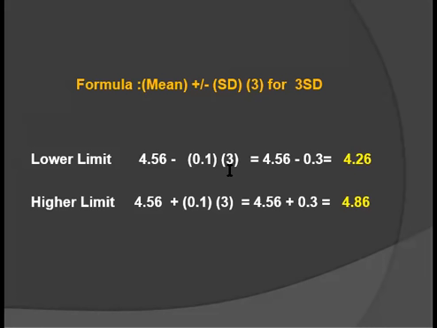For 2 SD, in a normal distribution of values, expect na within 2 SD makikita dyan 95.5%. And then para sa 3 SD naman po, you expect na makikita within 3 SD 99.7% of the values.